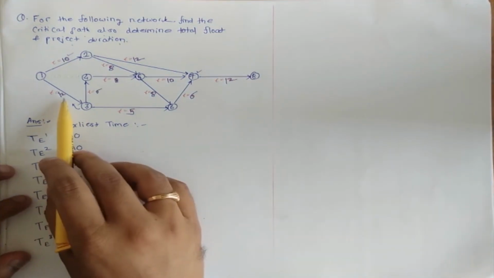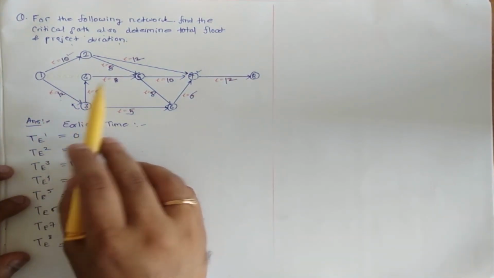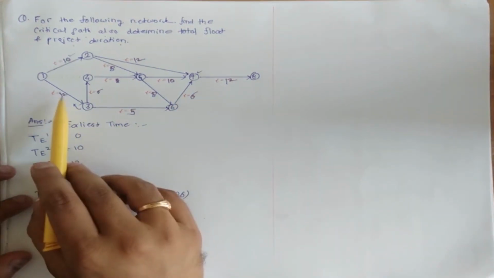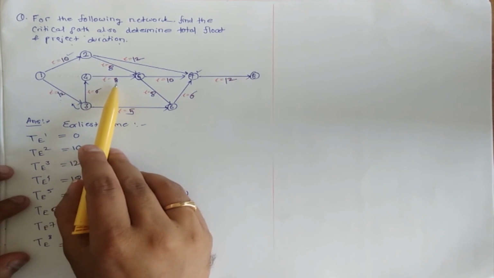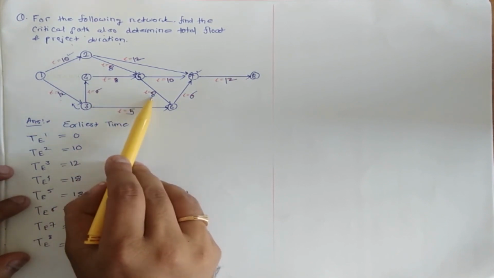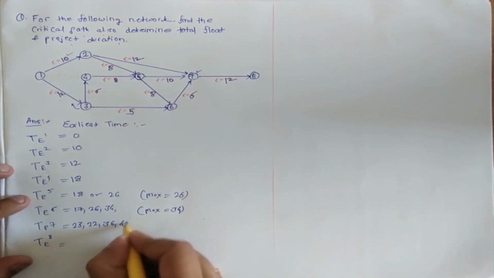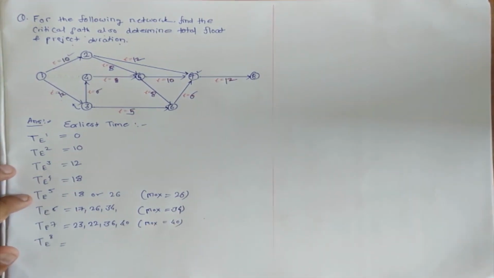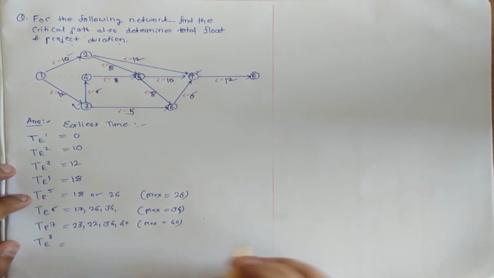Or we have 12 plus 6 plus 8 plus 8 plus 6, so it comes to 12 plus 6, 18, 18 plus 8, 26, 34 and 40. So the maximum will be 40 for the 7th, and finally 8.